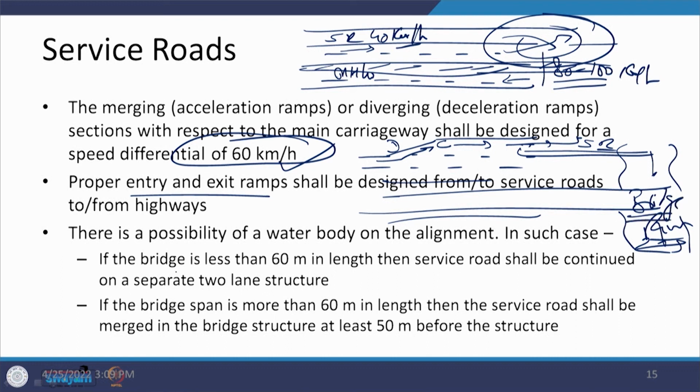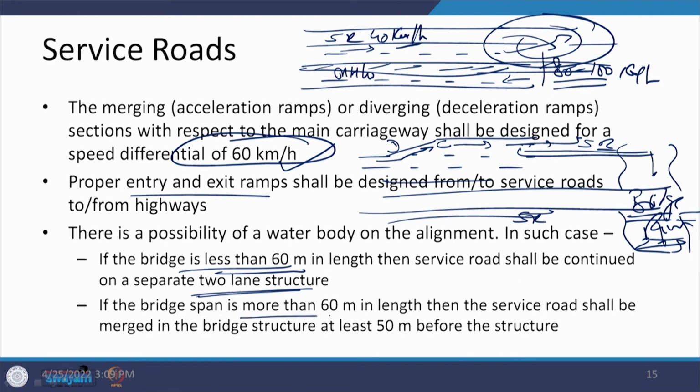Now, if the span is less than 60 meters and there is a requirement to take the service road to the other side of this particular bridge, then what it says is that a separate two lane structure should be created apart from the main bridge, which is going to be utilized by those vehicles which are having local nature of movement.